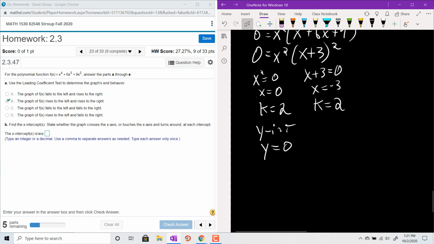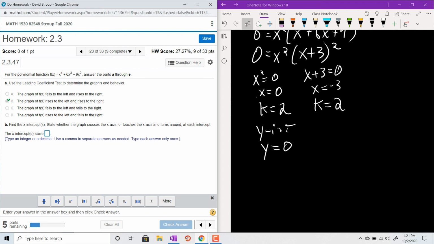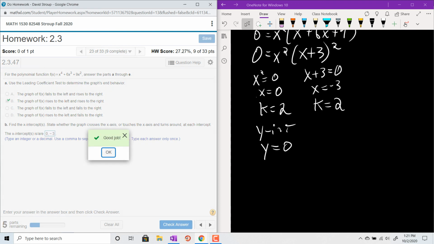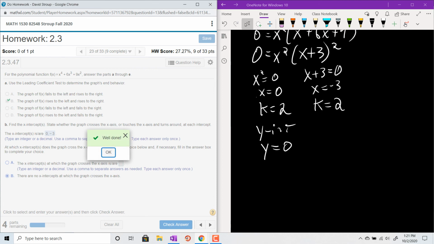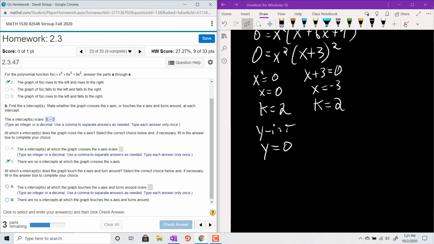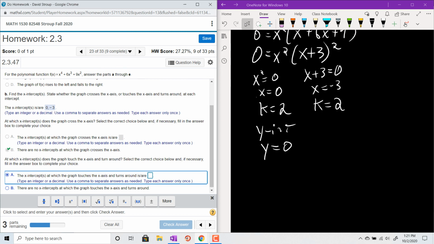Okay, so x-intercepts 0 and negative 3. There are no x-intercepts that cross the x-axis because the multiplicity is even in both cases. The x-intercepts where it bounces off will be both of them, so 0 and negative 3.